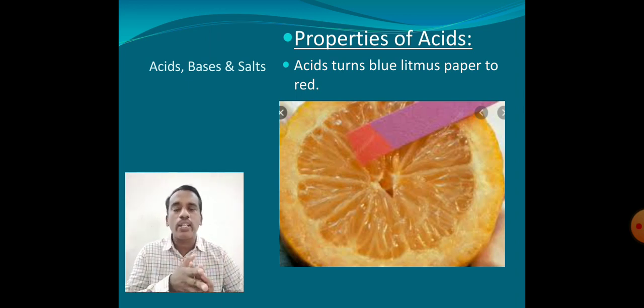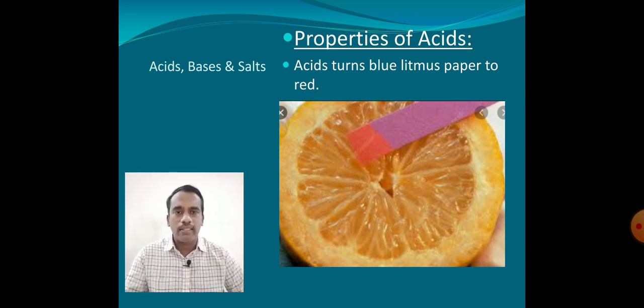Then what is an organic acid? The acids that we are using in our regular day-to-day life. There is the citric acid from the lemon. Even when you place the blue litmus paper on the cut part of the lemon, you can observe that the surface of the blue litmus in contact with the lemon juice turns into red color. So here we can observe with an indicator.